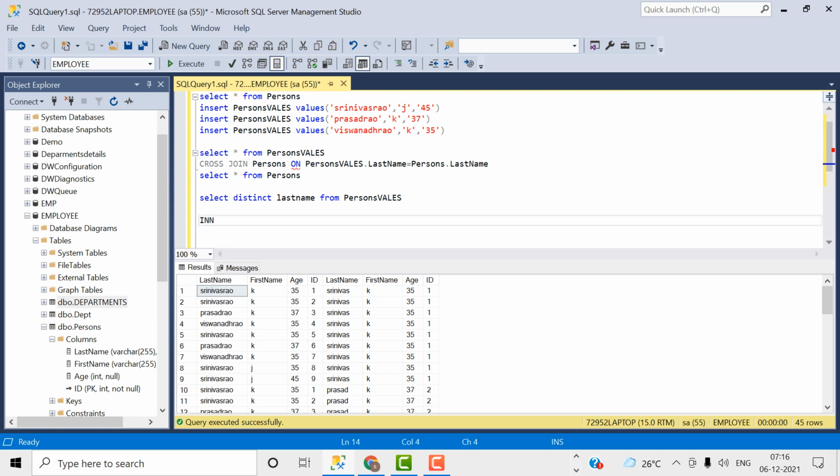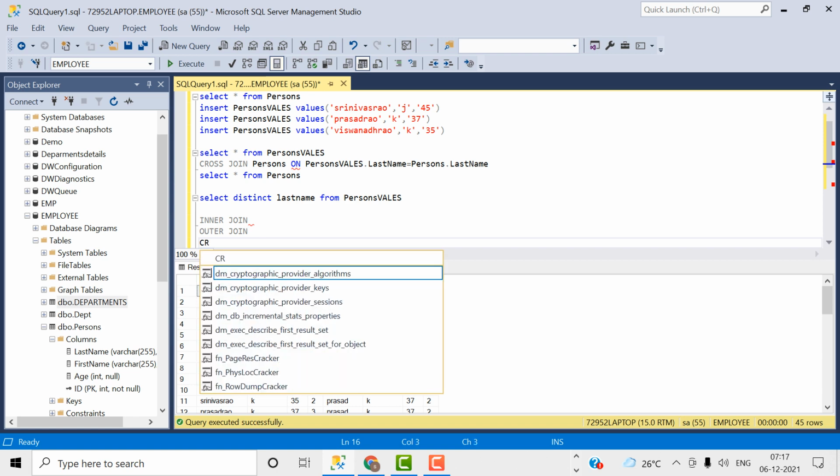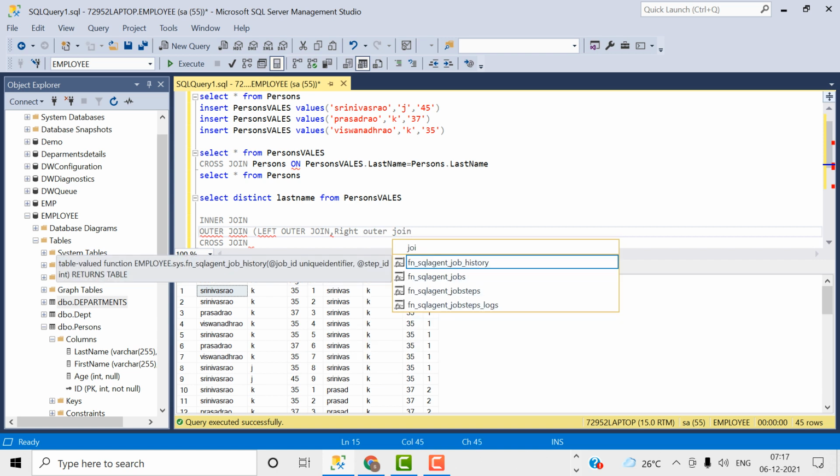We are discussing inner join, outer join, and cross join. Outer join has two types: left outer join and right outer join.